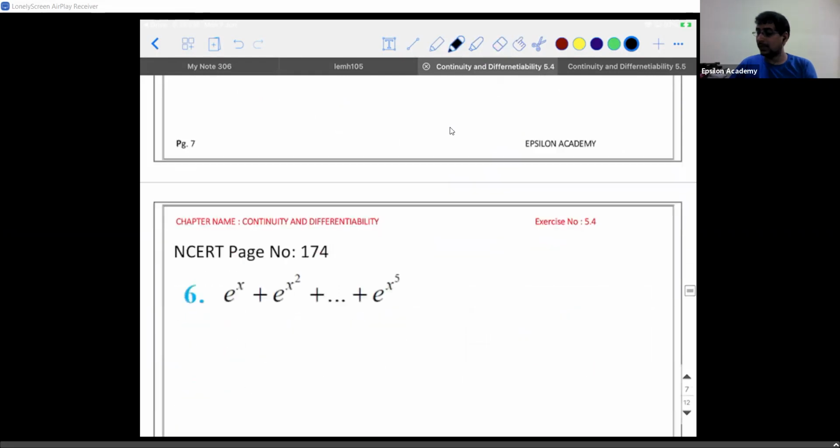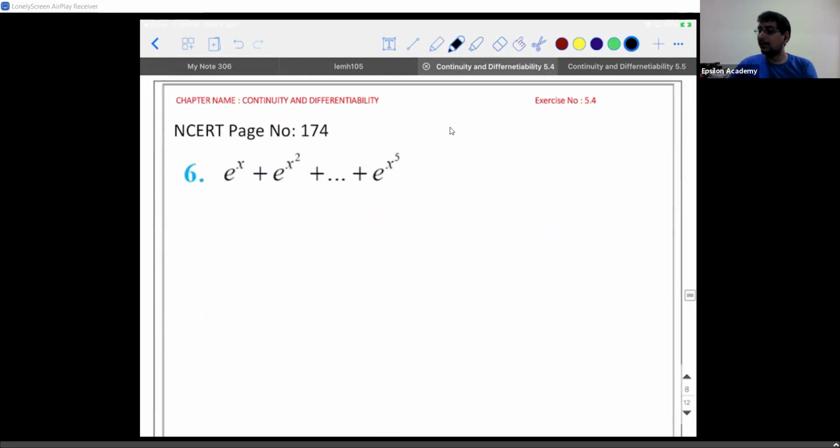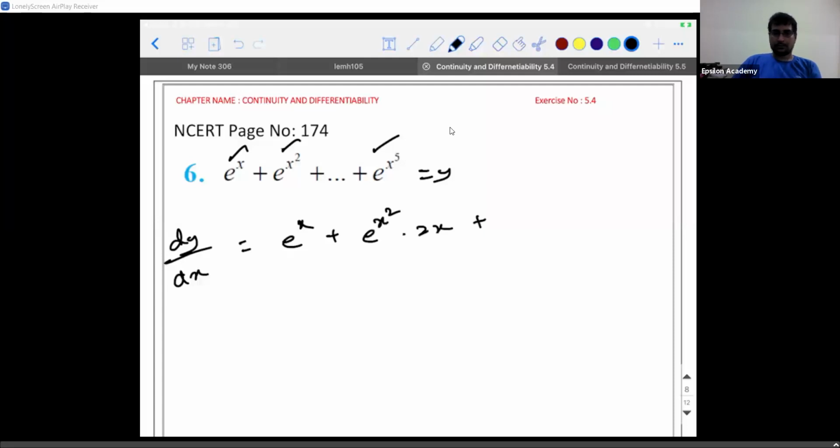Okay. Next. E power x plus e power x square plus so on till e power x power 5. So y is equal to this thing. So dy by dx will be how much? E power x plus derivative of e power x square is e power x square into 2x plus what would be the next term?